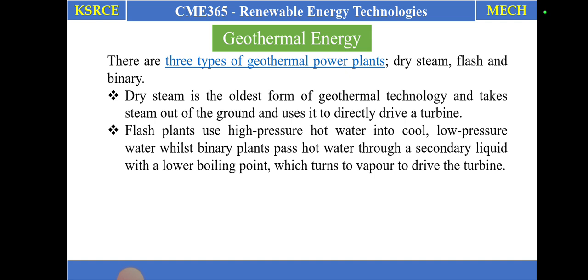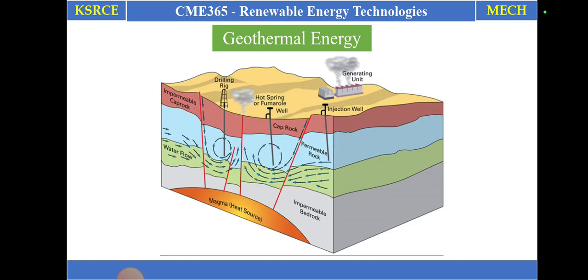The molten rock within the earth is called magma. It is commonly present at a depth of about 32 kilometers on average with a temperature of about 3000 degrees Celsius.